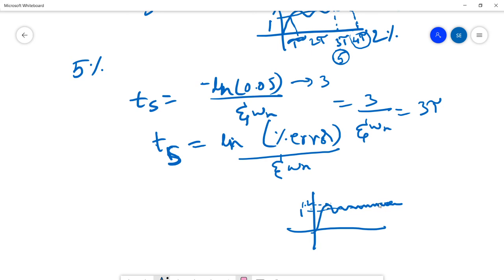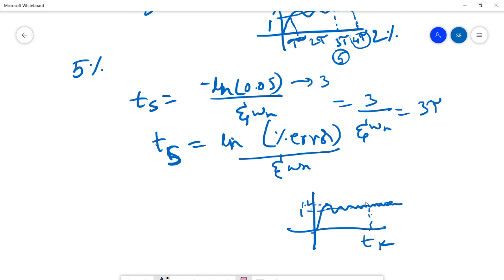You can take any error in between, any point, any time. Suppose at this point tk, you are taking the error at that particular instant, whatever the percentage you are calculating, so this is actually the band.